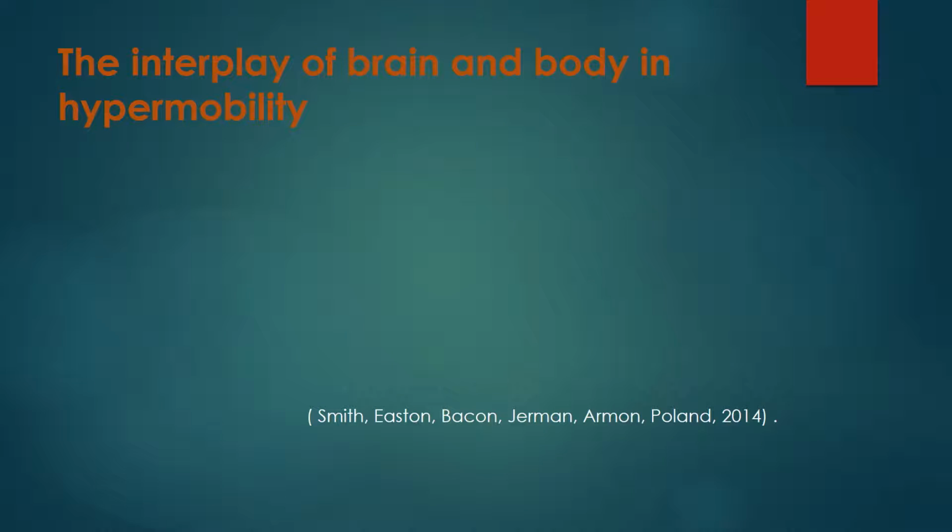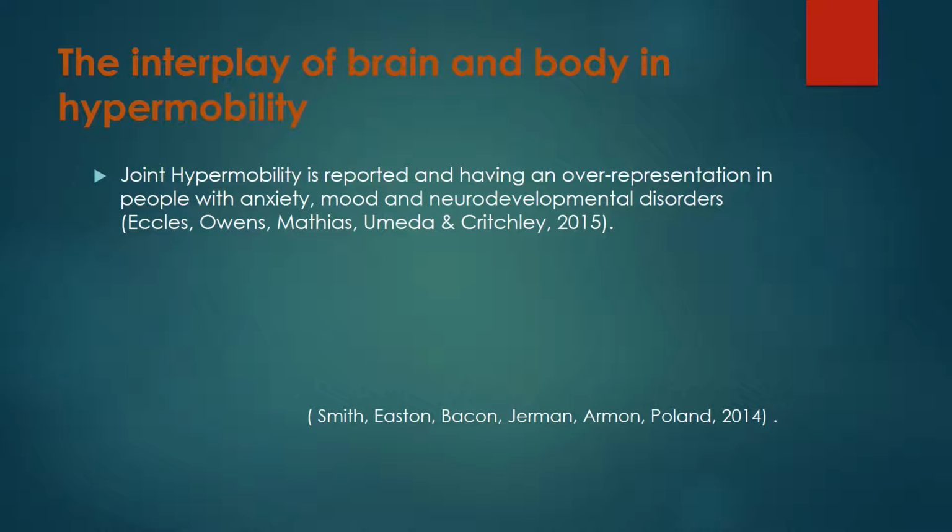So far, we've looked at the physical or the biological side of generalized joint hypermobility. There is, however, an interplay of body and brain in hypermobility that is now manifesting in the literature. Joint hypermobility is reported as having an overrepresentation in people with anxiety, mood, and neurodevelopmental disorders.